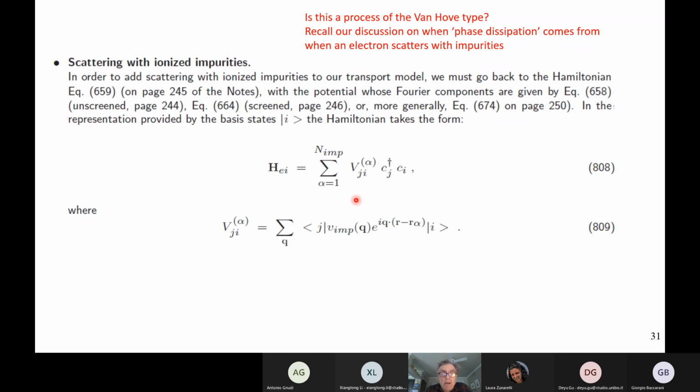They had to take an average over the configuration of the impurities, where these R sub alpha are the position of the impurities, and assume again a random phase cancellation coming now not from the many degrees of freedom that I have, but from the fact that I add up all of these phases at random, because I don't know what this R sub alpha is, or if you wish, the system is so large, my chunk of silicon, that every little sub-chunk gives a particular phase to my wave function, which is transmitted or scattered by that chunk.